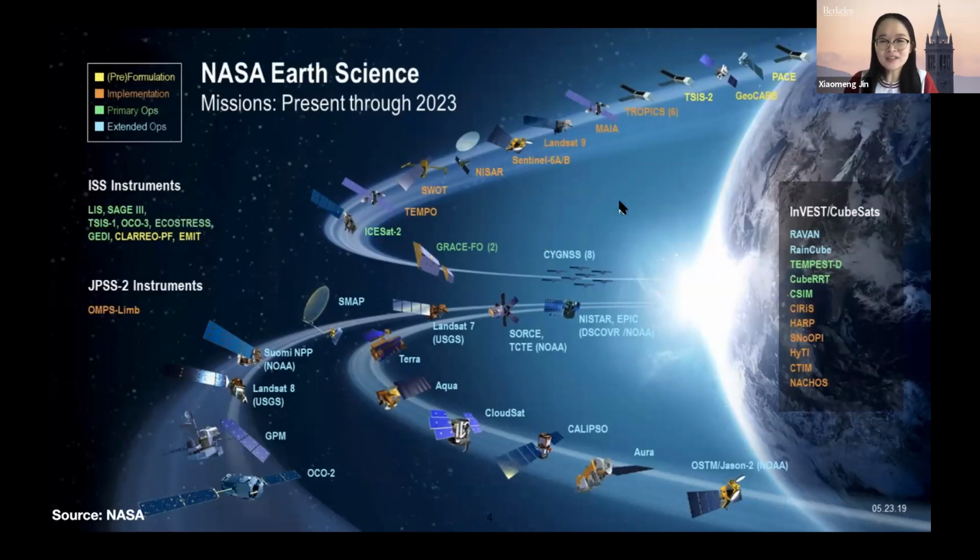I'm not going to expand on all of them, but I just want to say that each satellite has its unique design and also the purpose. Some satellites like Aqua, Terra, Aura have already been launched for more than a decade. And some satellites like TEMPO, MAIA are planned to be launched in the near future.